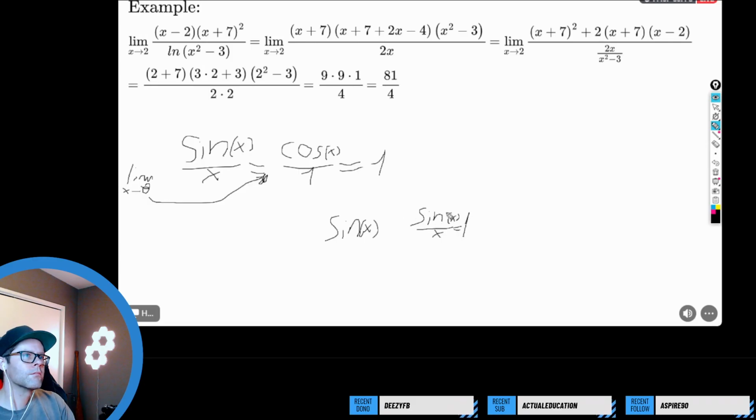And the easiest way to prove that this is 1, of course, is just by taking the derivative of it. And we can just get to 1 pretty easily.